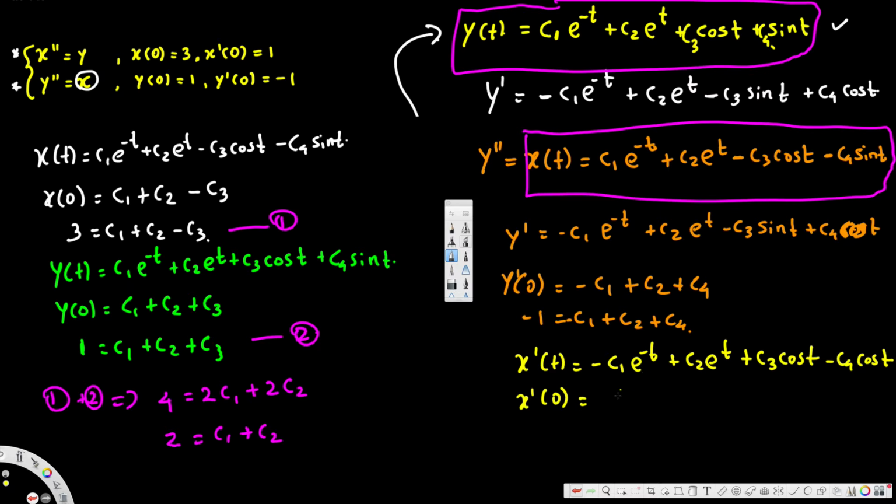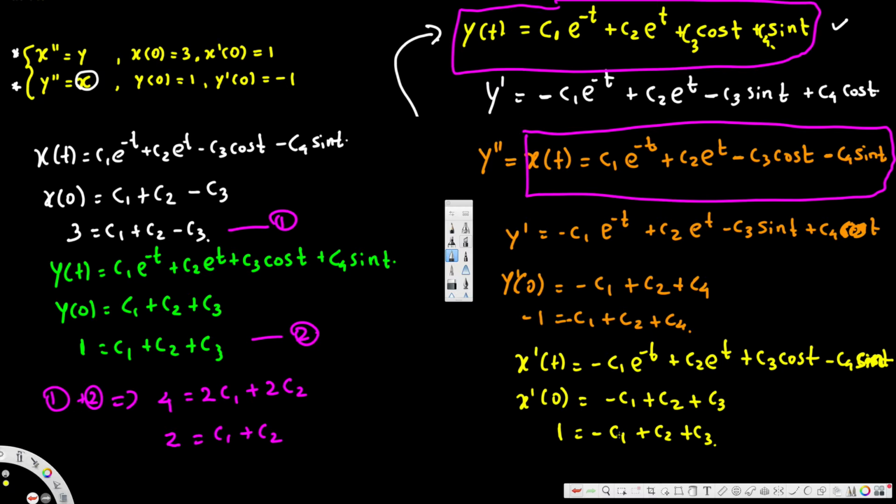Instead of time I put 0, so this is going to be just negative c1 plus c2 plus, if we plug 0 for cos, that's going to be just 1, so c3, and this is going to be sine. Sine 0 is 0, so this is going to be just 0. And x prime of 0 is 1. 1 is equal to negative c1 plus c2 plus c3. Okay. Now we have these two things.